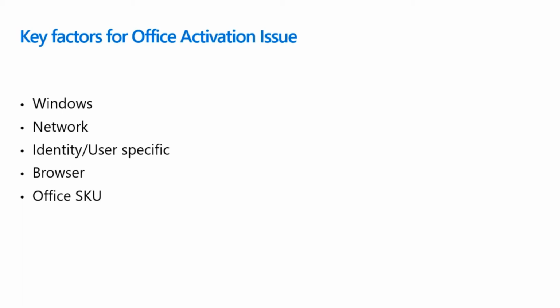And next is identifying if the issue is user specific. That is, we have to check if the issue is happening with one specific user on one specific machine. It would be a good isolation to ask the user to try to activate on a completely different machine, or on the same machine on another Windows profile, so that we can isolate if the issue is really user specific or machine specific. And next would be browsers.